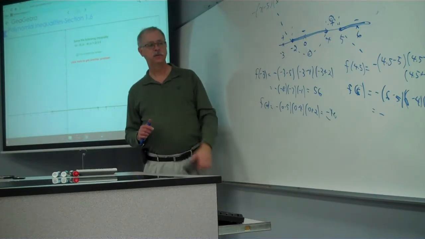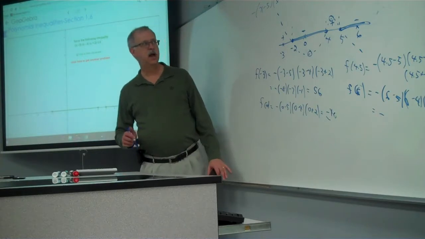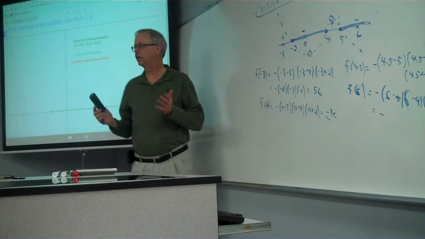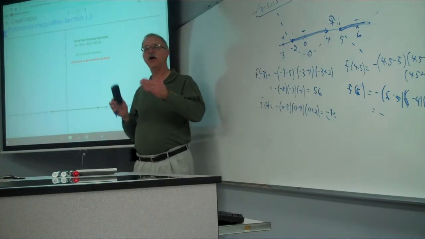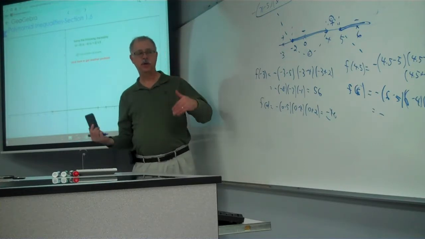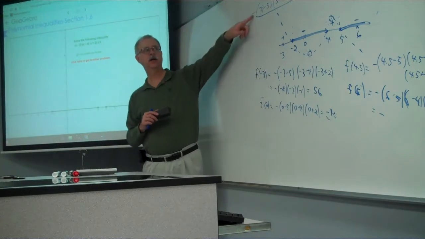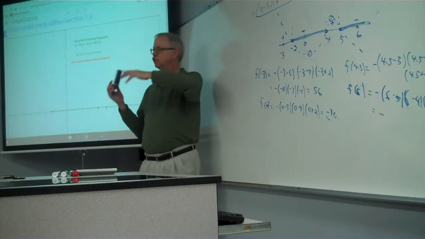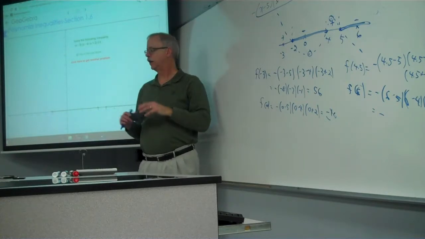Where is it negative? And the key thing to realize, we can't just look at one factor at a time. It's how do all 3 factors work together to give us a positive product or a negative product. In this case here, there are 4 factors, the negative out in front as well. So how do all the factors work together for the product?